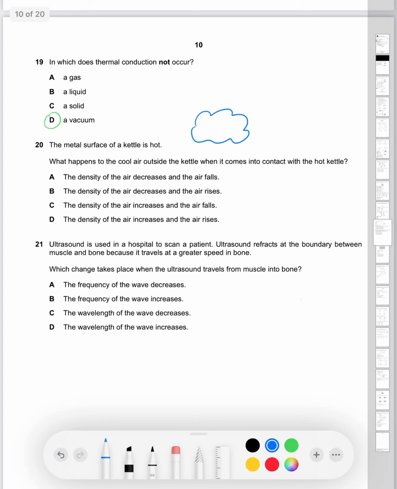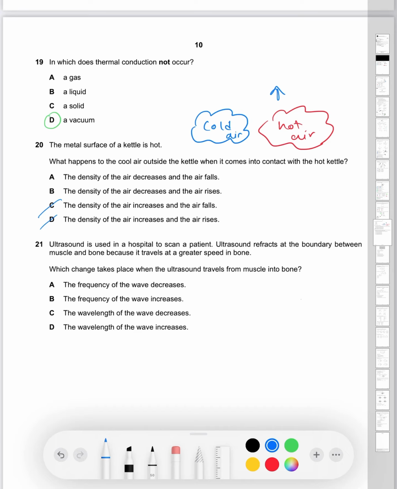This is the cold air, and then this is the hot air. The same volume of the hot air always has less density because the molecules are further apart, and as a result, they rise into the air. So obviously the density of the air would decrease, which would rule out choice C and D, leaving us with A and B.